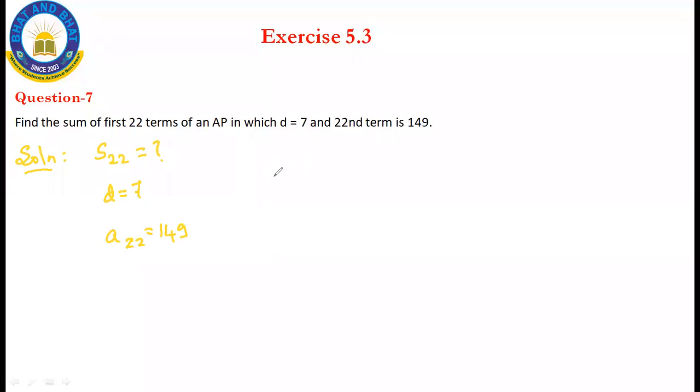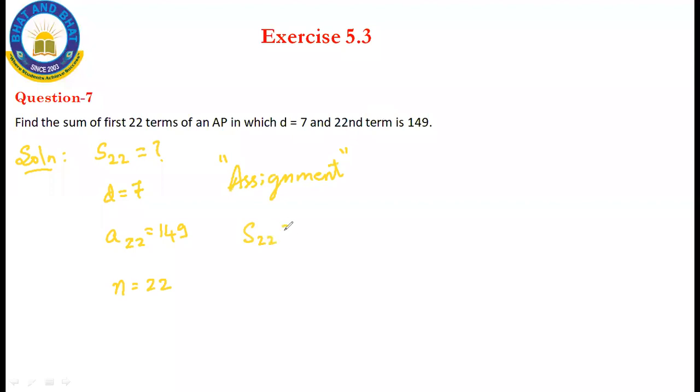They have asked the sum of 22 terms in which D is 7 and the 22nd term is 149. So N is how much? N is 22. What do you have to find out? So please note down this as assignment. Again, this is a straightforward question.